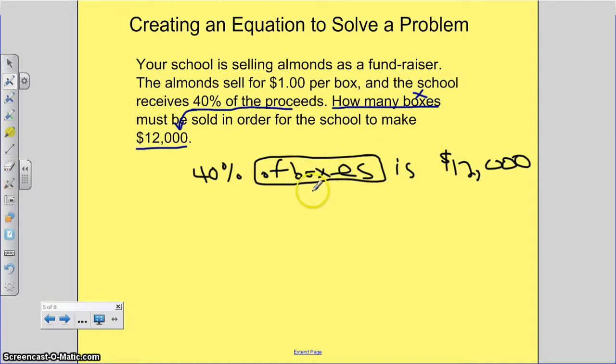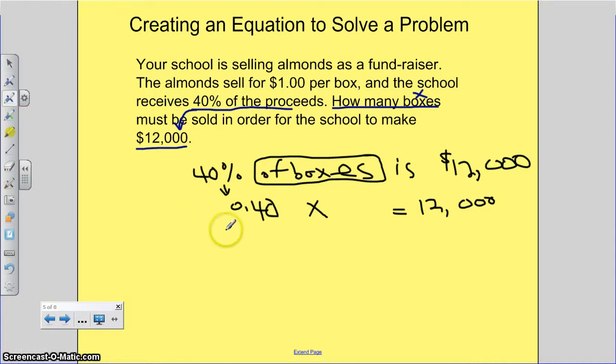So we want to know what that is. So that's going to be our x. Our "is" is our equal sign. We've got 12,000, which is a constant that's not going to change. And of course, our 40% has to go to 0.40, which is really 0.4.